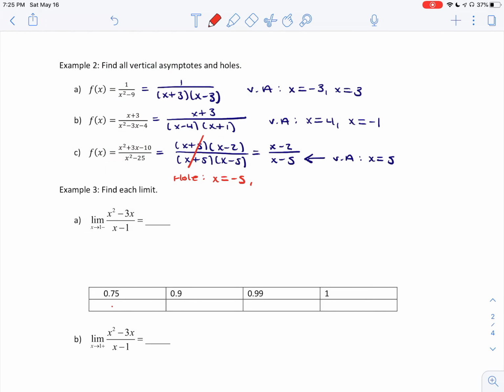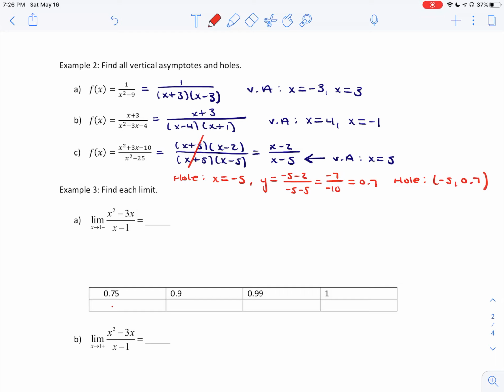So we're going to take that x value we just found and plug it into our simplified function. And it'll give us -7 over -10, or 0.7. The hole in this case is at the point -5, 0.7.